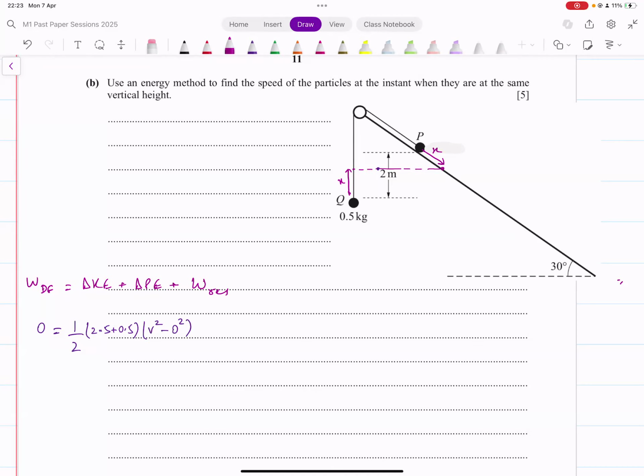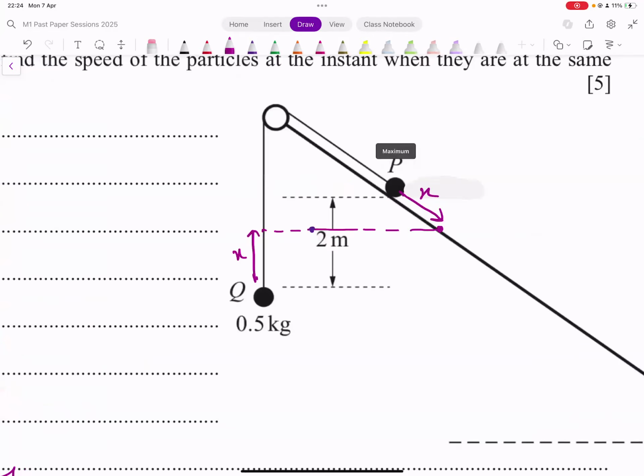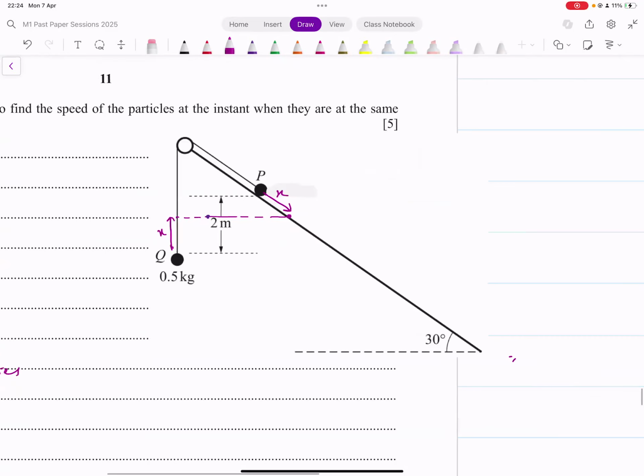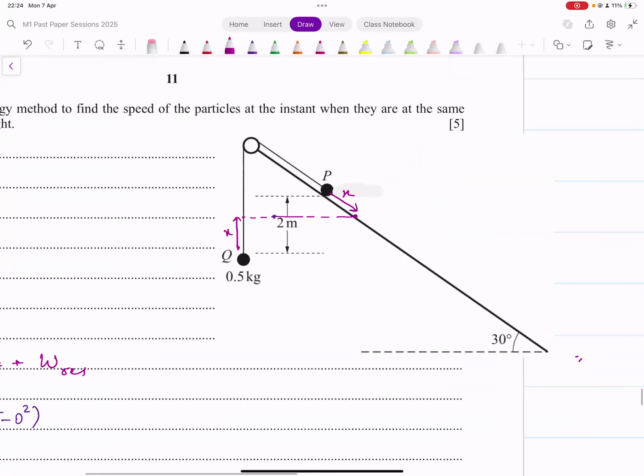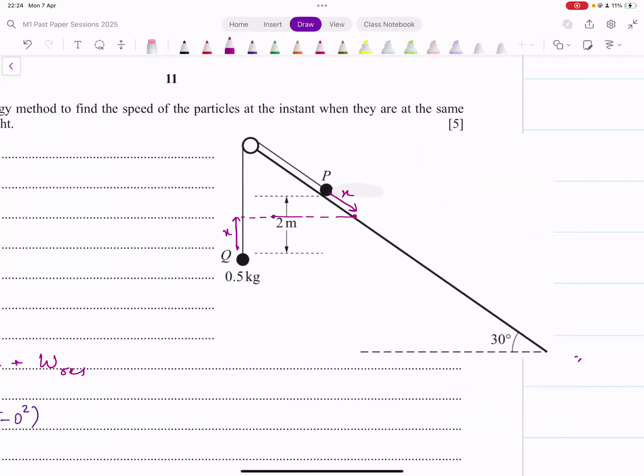Can we find this value of X somehow? Until the point where they reach the same vertical height, we can make a right angle triangle like this. That will be 30 degrees. Do we know anything in that triangle?